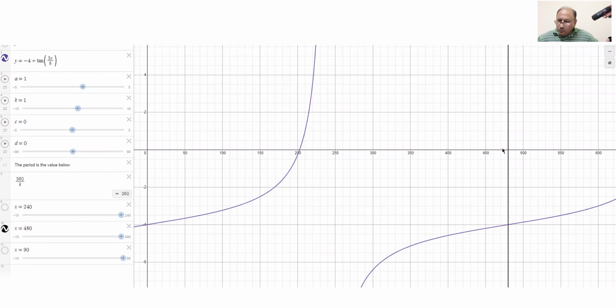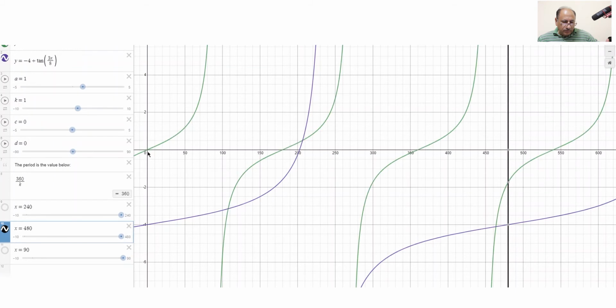And up to 480, this is up to 480. So our curve will be this one, and you can see from 0 it is moving. Originally it was 0 over here, so this graph is moved to this one. So from 0 to -4, the y value is moved, so translated downward by 4 units.